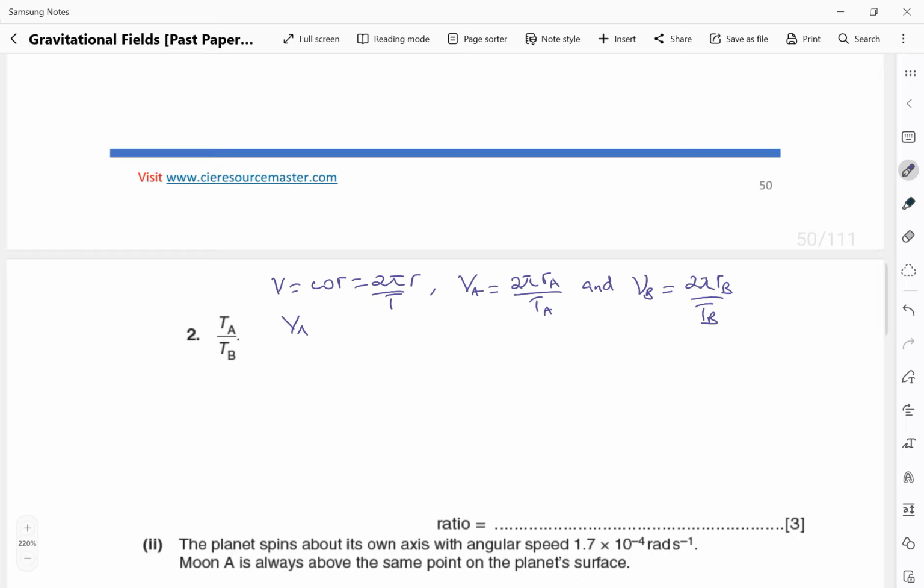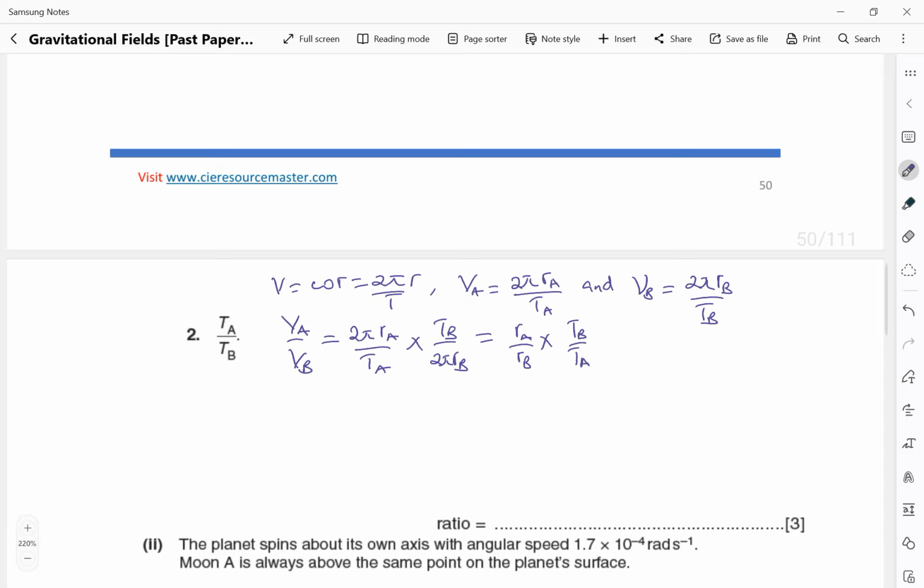So VA over VB, I'm dividing the two equations, is 2 pi RA over TA, then I get the reciprocal, TB over 2 pi RB. What does this simplify to? So 2 pi cancels. So it becomes RA over RB times TB over TA.